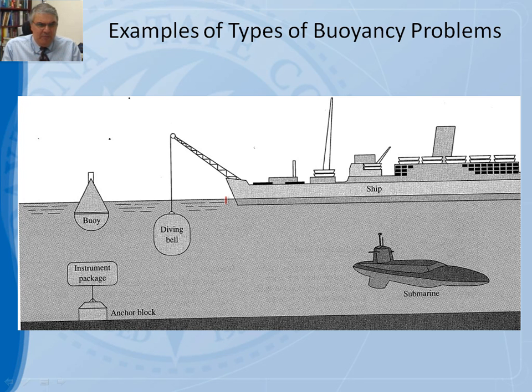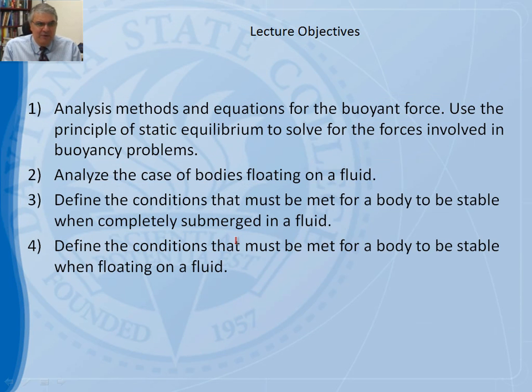And for that type of problem, of course, we need to treat it as a buoyancy problem. And of course, those types of problems are more complicated because then we have to consider waves and we treat them as a dynamic problem rather than a static problem. But the principles are based on our discussion that we have today.